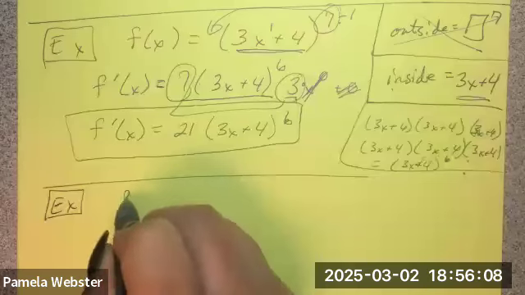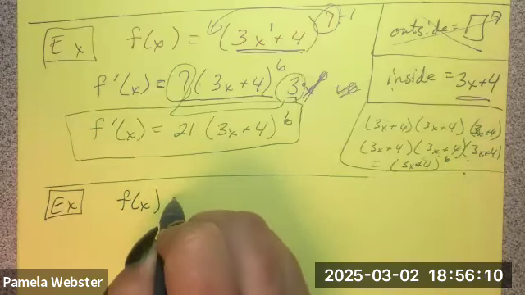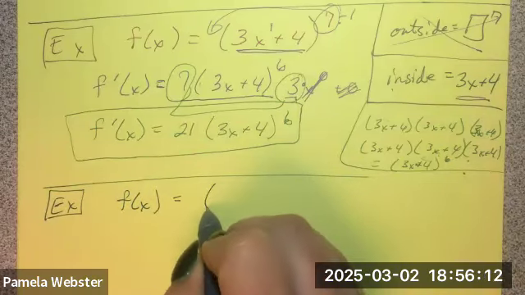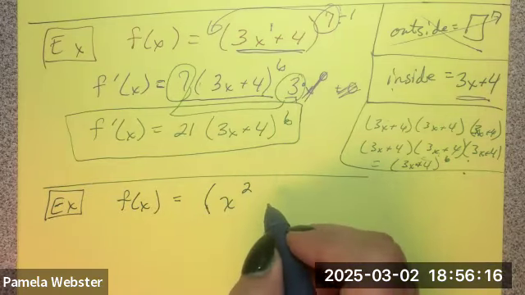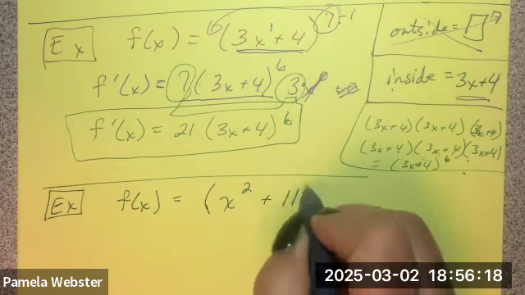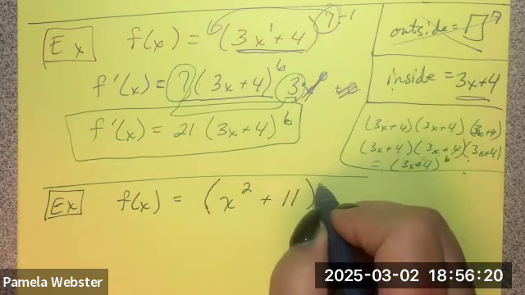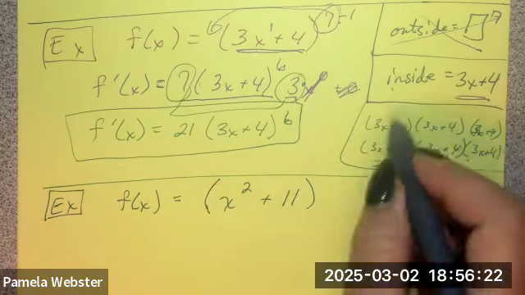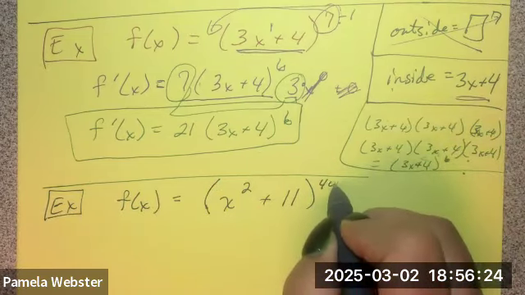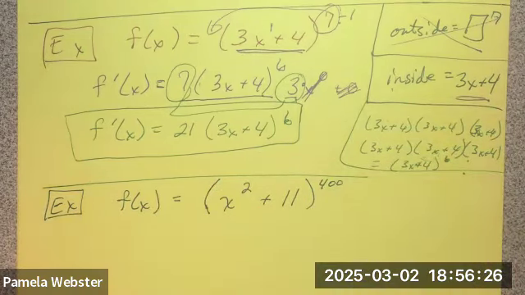Here's another example. She said on her test, what she does is she makes the exponent so big that nobody would bother trying to take the derivative of it or multiply it out. So say I make this a 400 or something.